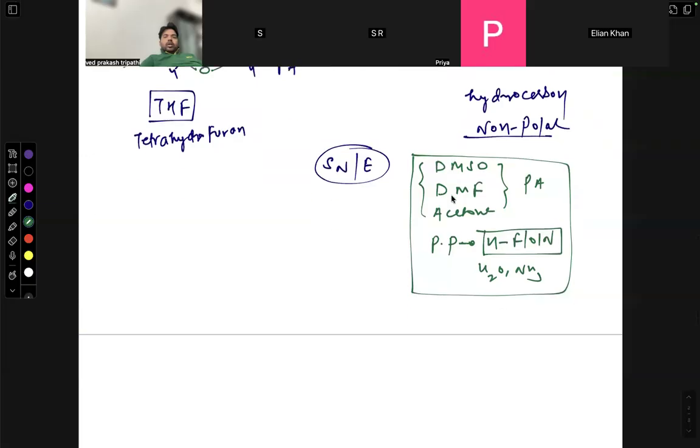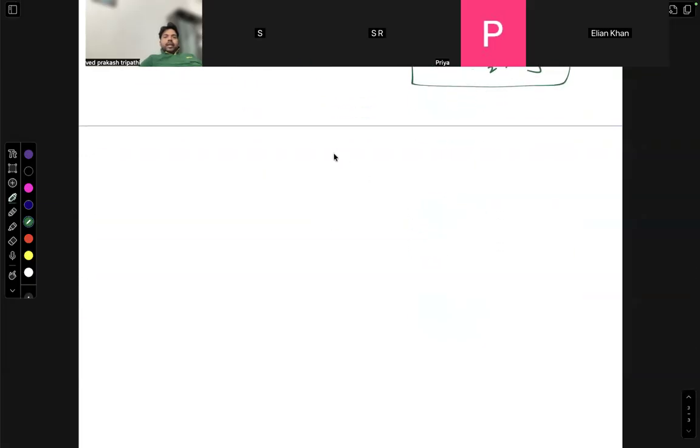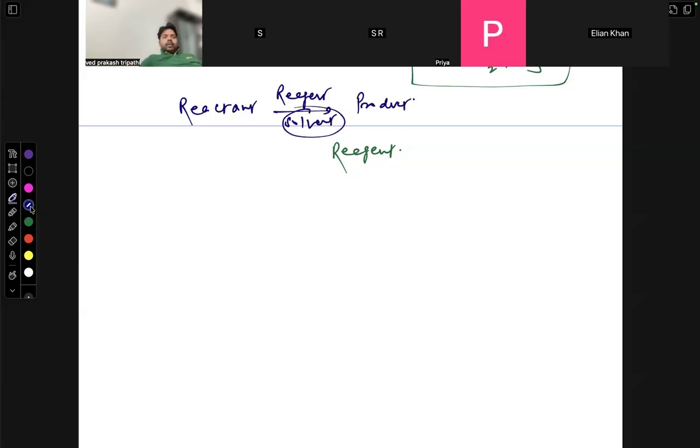Clear? Now next is, I am going to categorize this reagent, the attacking species. So reagent, I already told you, reactant interacts with the reagent in presence of solvent and that forms product. We have done the effect of solvent, basically type of solvent.